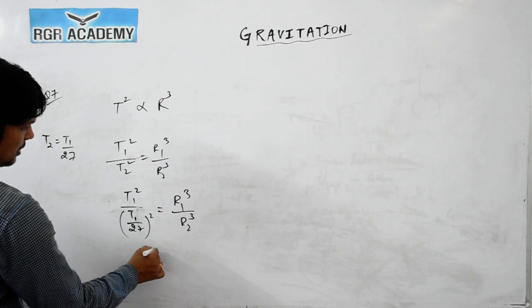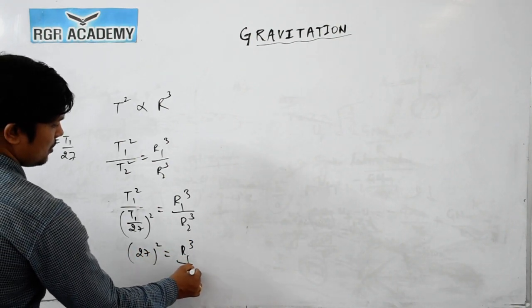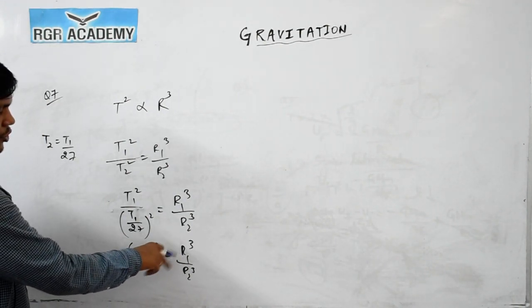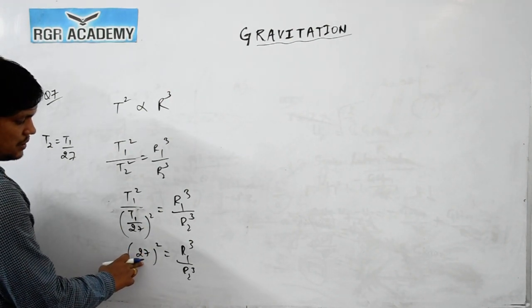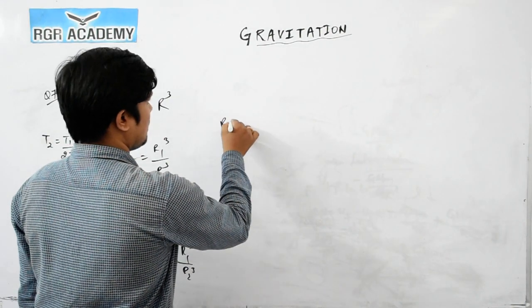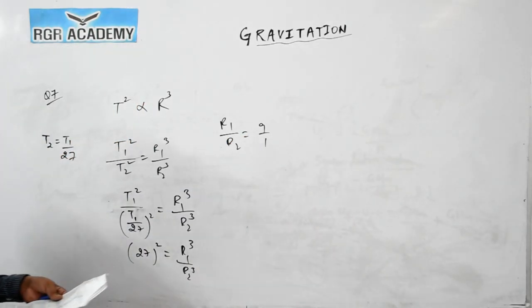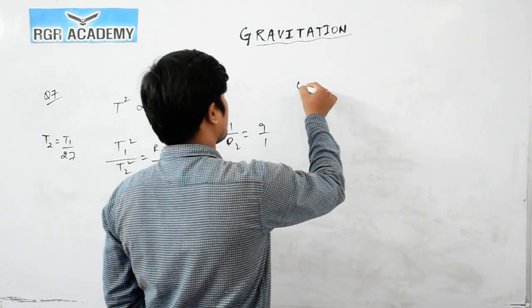So 27 square should be equal to r1 cube by r2 cube. If you take the cube root, the cube root of 27 is 3, and 3 square will be 9. So we can say that r1 by r2 will be equal to 9:1. If you see the options, option number 2 will match 9:1. Now question number 8.